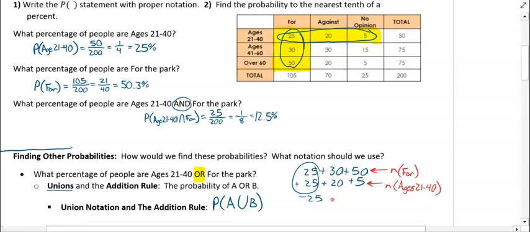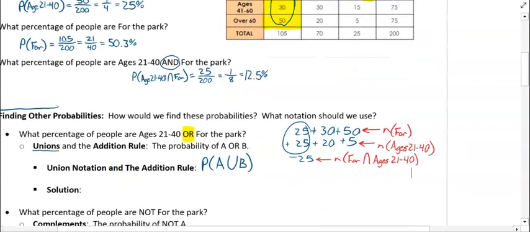Well, what did we subtract? We subtracted the number of people that we counted twice, the number of people who were for it and who were in the age bracket. If you think about it, this makes sense, and this is where this rule comes from.